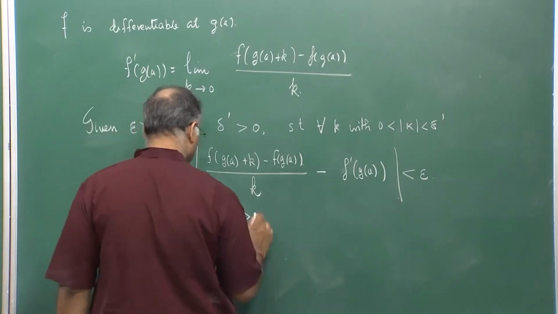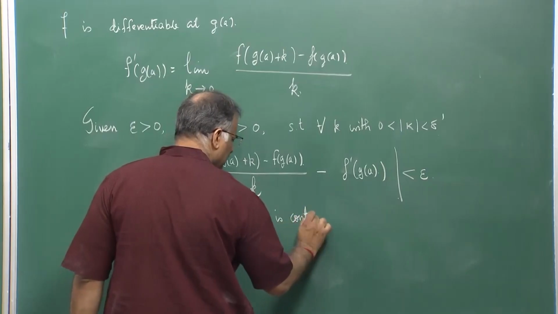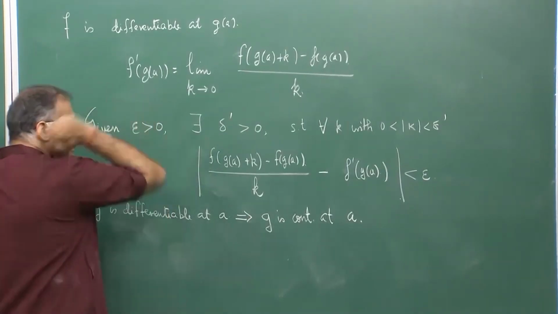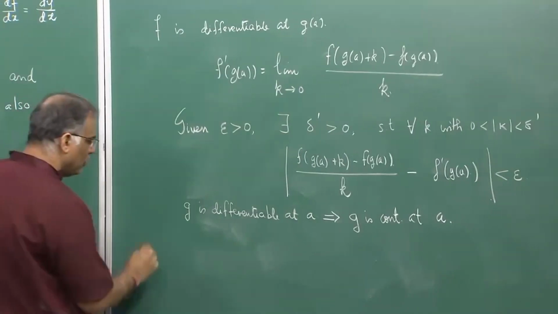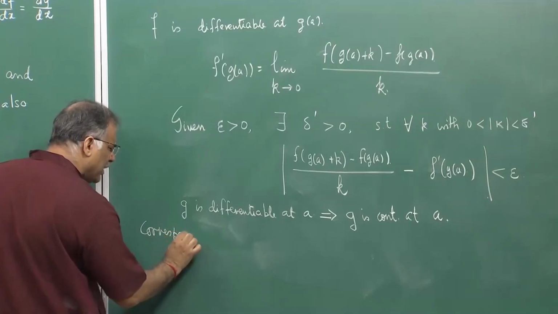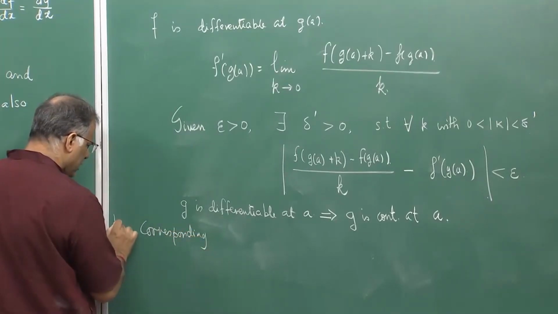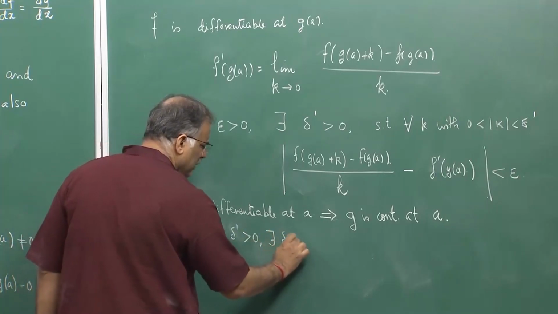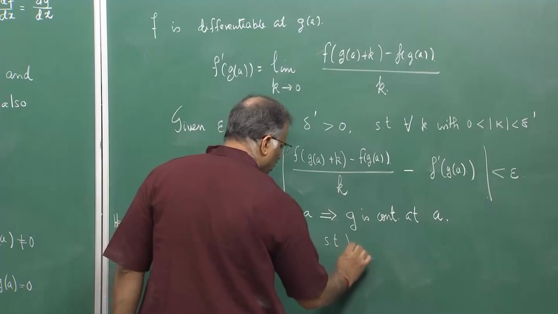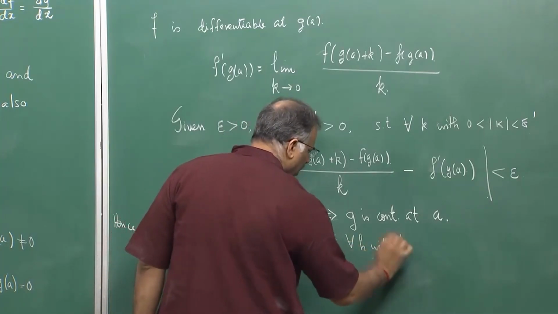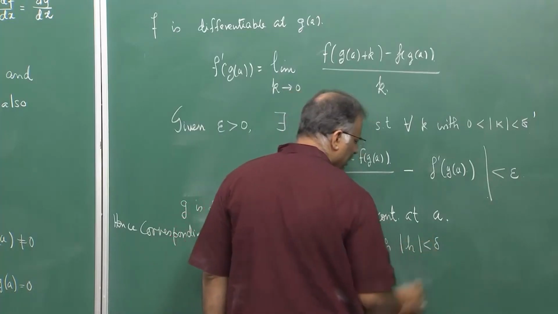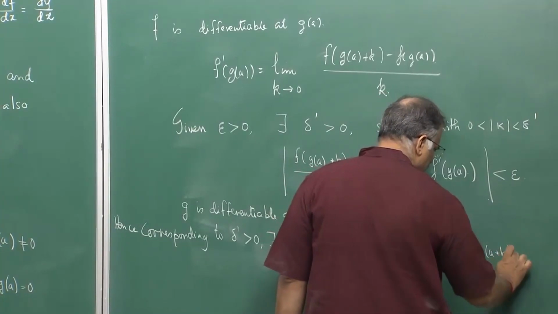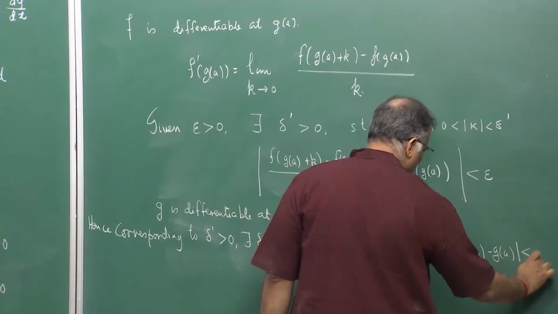So, this implies G is continuous at A. If I now consider this delta dash to be my epsilon for G, then corresponding to delta dash greater than 0, there exists delta greater than 0 such that for all H with mod H strictly less than delta, it implies that mod of G of A plus H minus G of A is strictly less than delta dash.